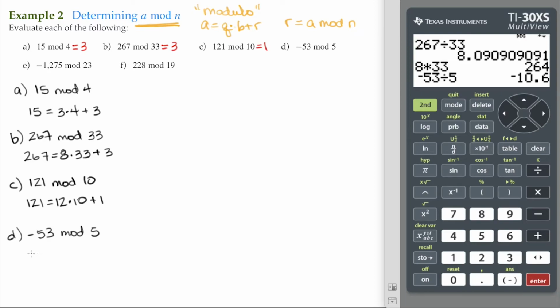So using the division algorithm, we're going to have negative 53 equal to negative 11 times 5. Negative 11 times 5, that's negative 55, plus 2 is going to give us negative 53. So the remainder is 2. So negative 53 mod 5 is 2.